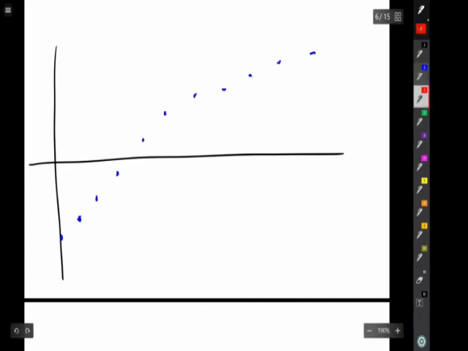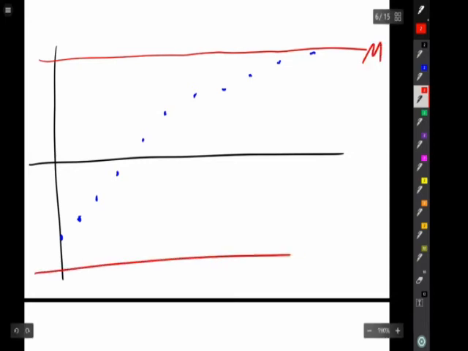And here we're saying, here's a value that it never crosses. If this is m, then down here would be minus m. And what we're saying is that all of the dots in the sequence are between these 2 lines. So between m and minus m, every value of your sequence is between those 2 numbers, for some number m. That's what it means to be bounded.